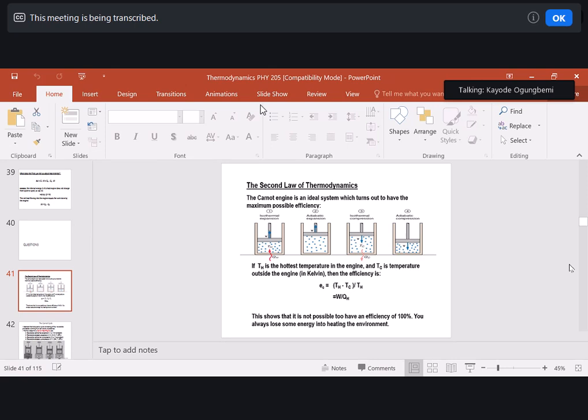This shows that it is not possible to have an efficiency of 100%. Yes, sir. That is the reason. You always lose some energy into heating of the environment. So in an exam, I may ask you to calculate efficiency and give me reason for why you cannot get 100%.